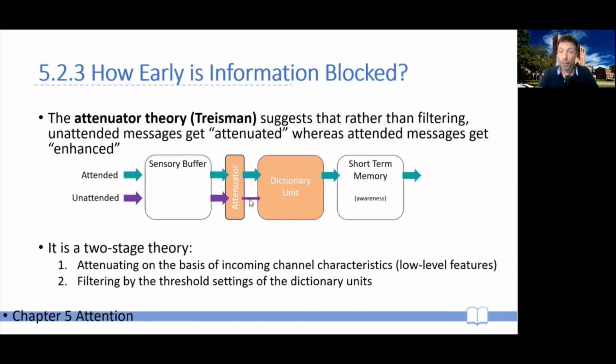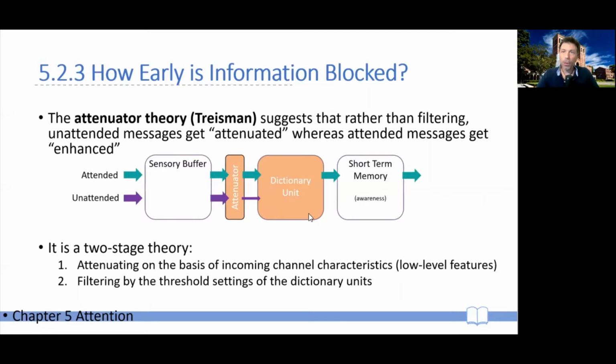This is the first step, and this step might happen entirely on the basis of simple physical properties of the information that is coming in, on low-level features, in other words. Then both the attended information and the attenuated unattended information make it into a dictionary unit.